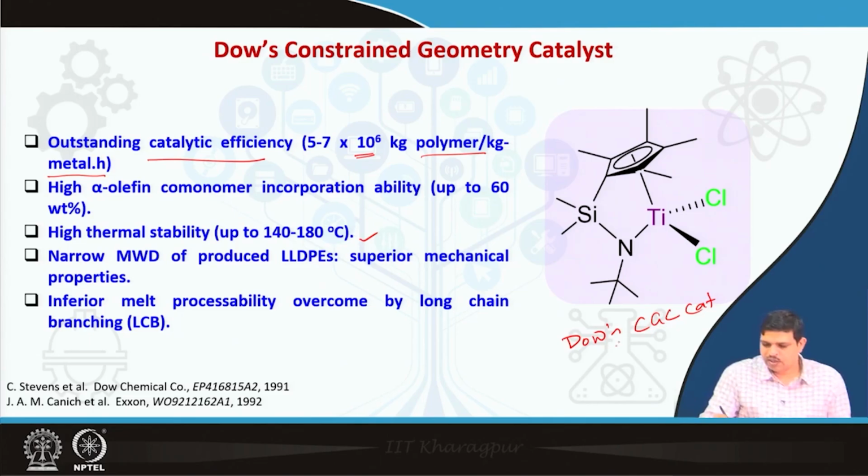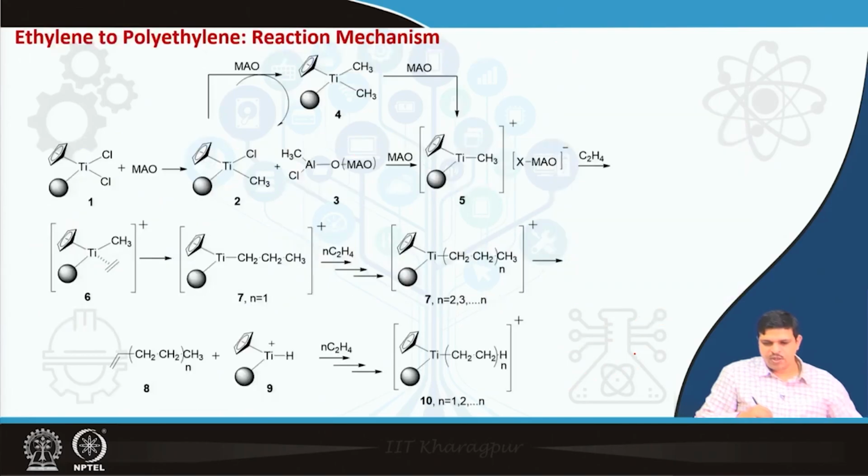Here you will see that this was first reported around 1990 with this high efficiency, and the mechanism is very much similar to the other metallocene based catalysts. Here again you have to use a co-initiator, either MAO or the phosphine based, okay. So, whichever is preferred, we can use it, there is no limitation on that.